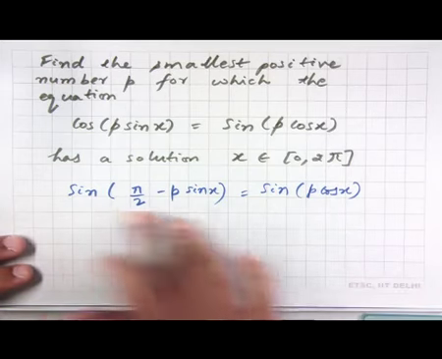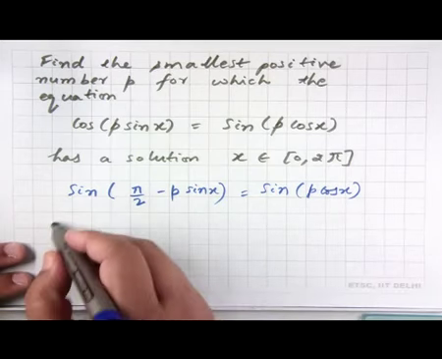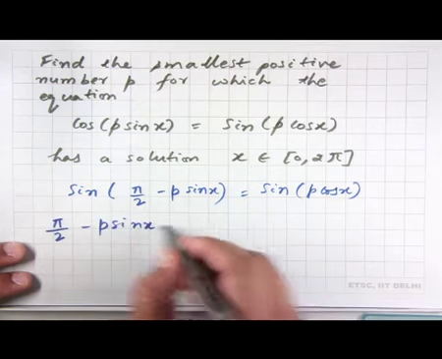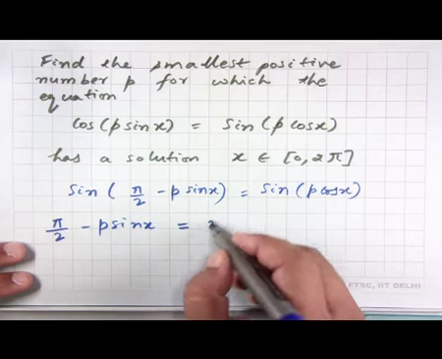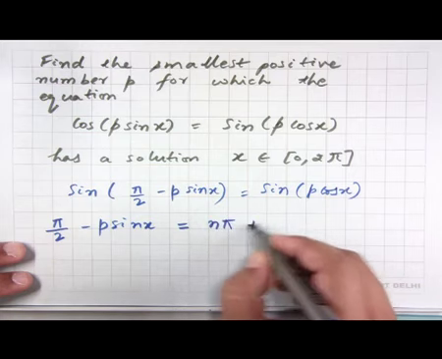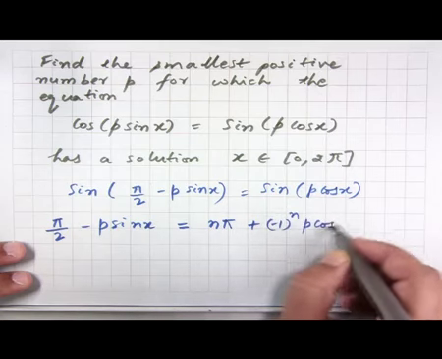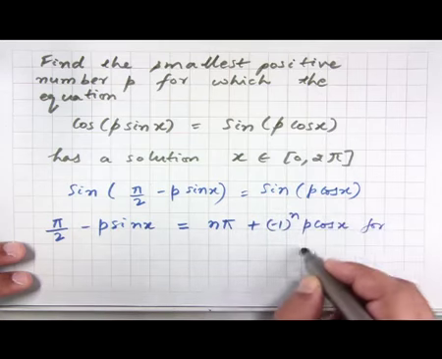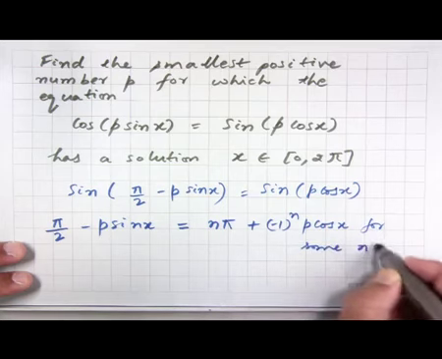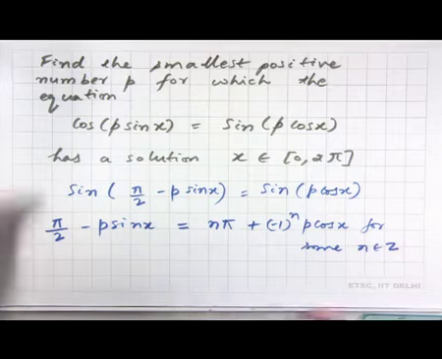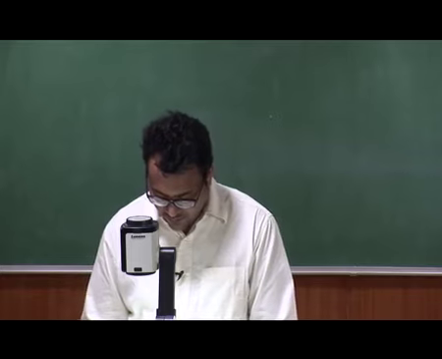So, for this to be true, it must hold that pi by 2 minus p sin x should be equal to n pi plus minus 1 to the power of n times p cos x, for some integer n. Let us now try different possibilities for this integer n and see what we get.